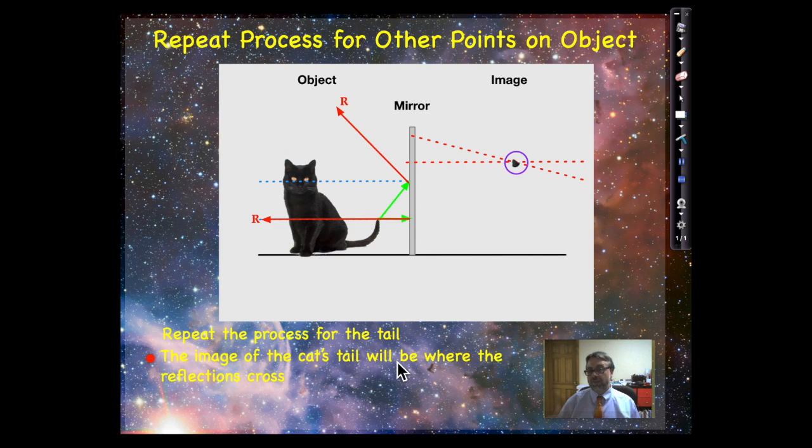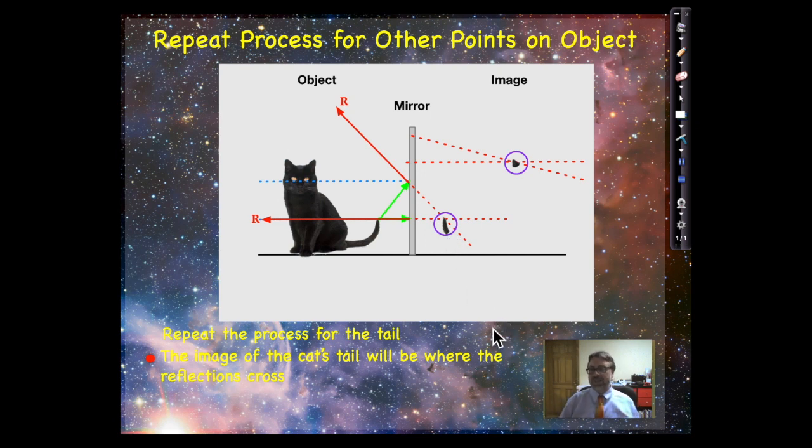Well, again, these reflections don't cross on this side of the mirror, so I'm going to do the same trick. I'm going to project these reflections backwards to see where the reflections came from. The 2 reflections appear to be coming from this spot behind the mirror. Since that light again started at the tip of the tail, that's where I would see the tip of the cat's tail in the mirror.